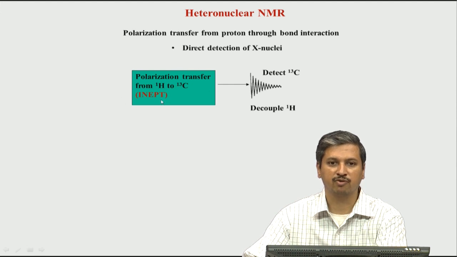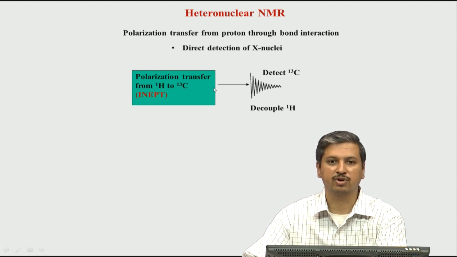So, this block of pulses I put first. After the end of the block, the polarization from hydrogen would have been transferred to carbon. Then after that I excite the carbon by a 90-degree pulse, which is not shown, but let us say we have it in this scheme, and that excitation will now bring the difference of population from hydrogen. The population difference in carbon is much higher compared to what it was earlier.